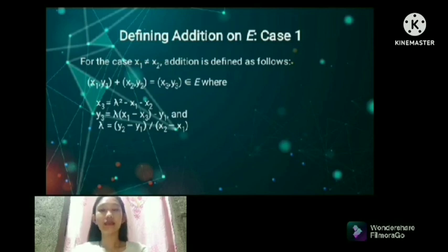For example, (x1, y1) + (x2, y2) = (x3, y3) belongs to E, where x3 = λ² − x1 − x2, y3 = λ(x1 − x3) − y1, and λ = (y2 − y1)/(x2 − x1).